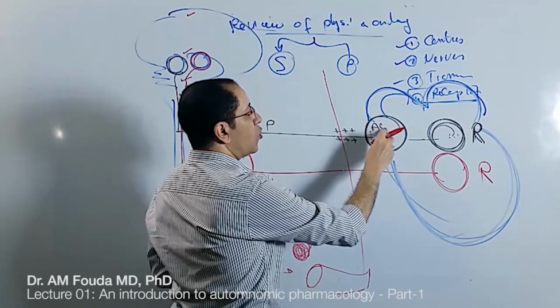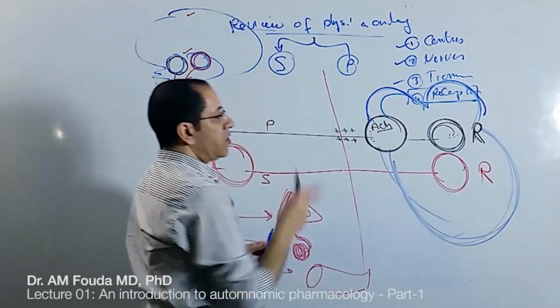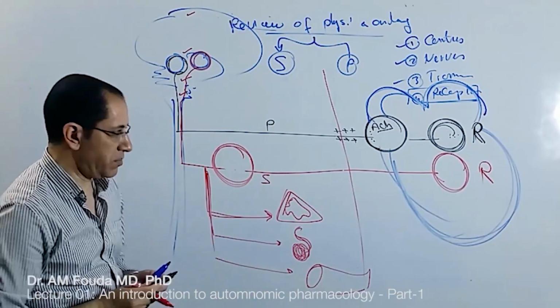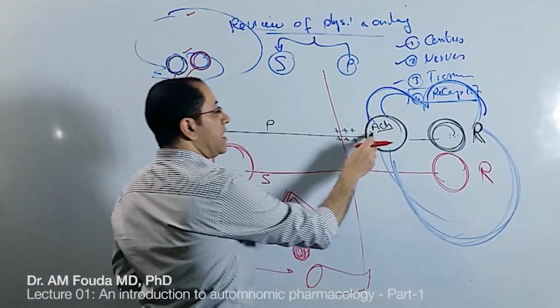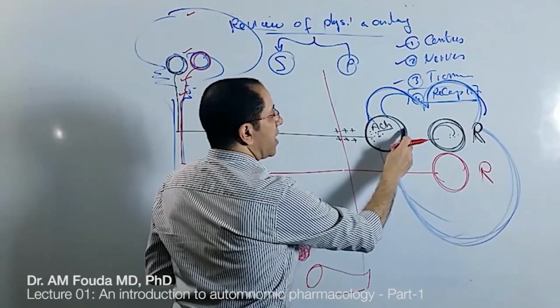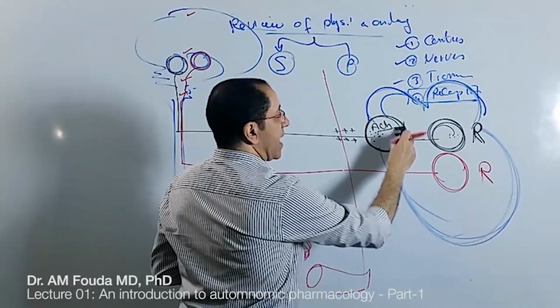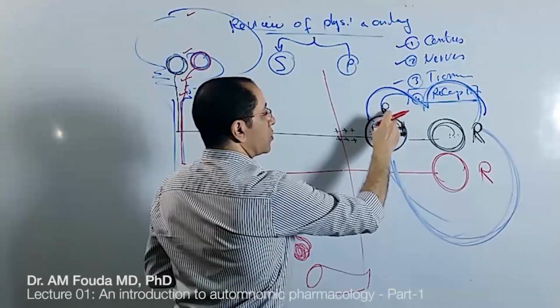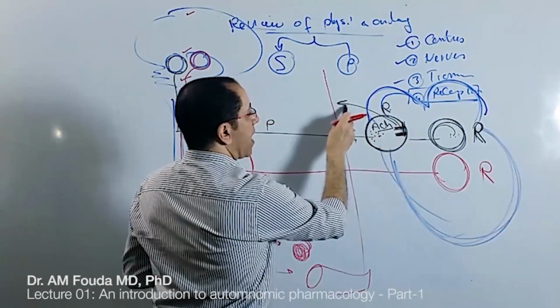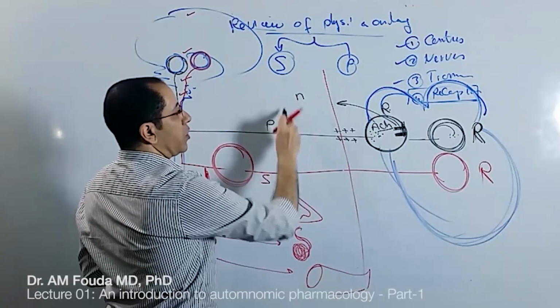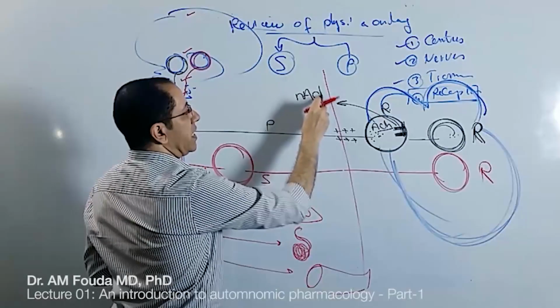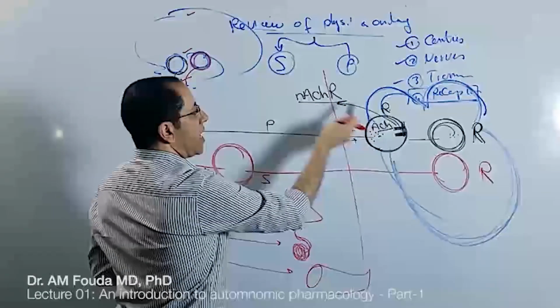You will know that this type of receptor is the fastest one that can respond to acetylcholine among all other types of receptors. So now, after acetylcholine is released inside the ganglia, it opens a gate named nicotinic acetylcholine receptor, causing sodium ion influx, causing depolarization.